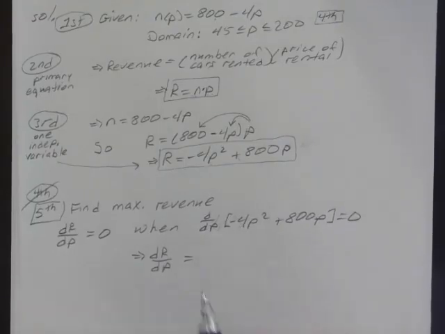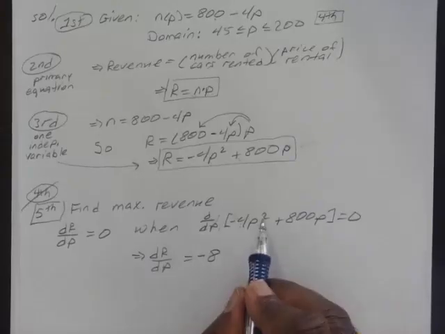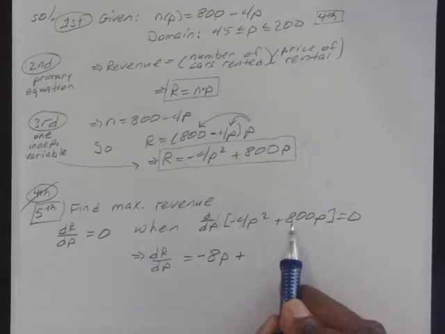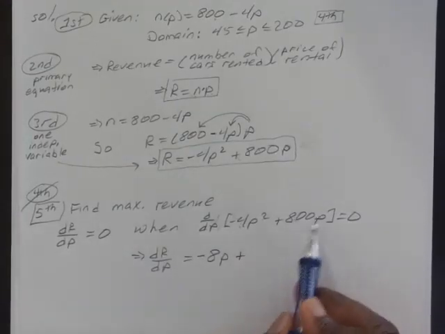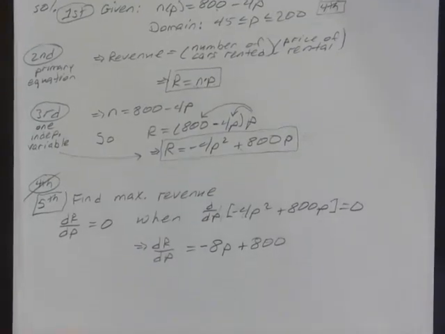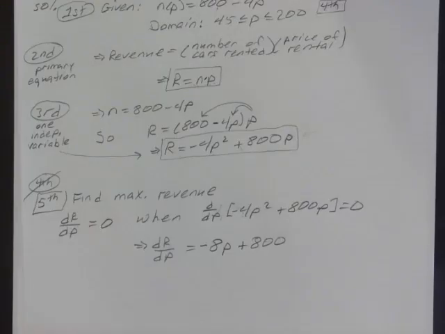So we bring down the 2, that's negative 8 times p to the power of 2 minus 1, which is just 1, plus the derivative of 800p, which is just 800. And we want to find where that is equal to 0.